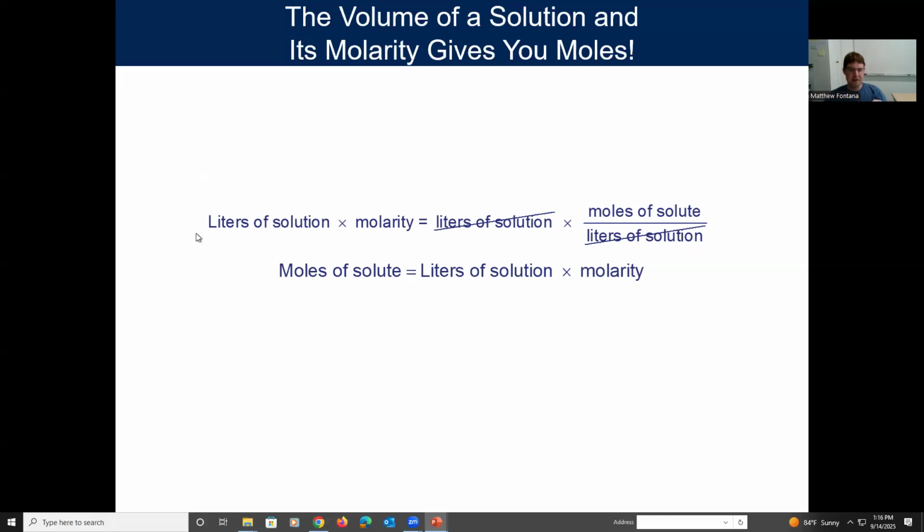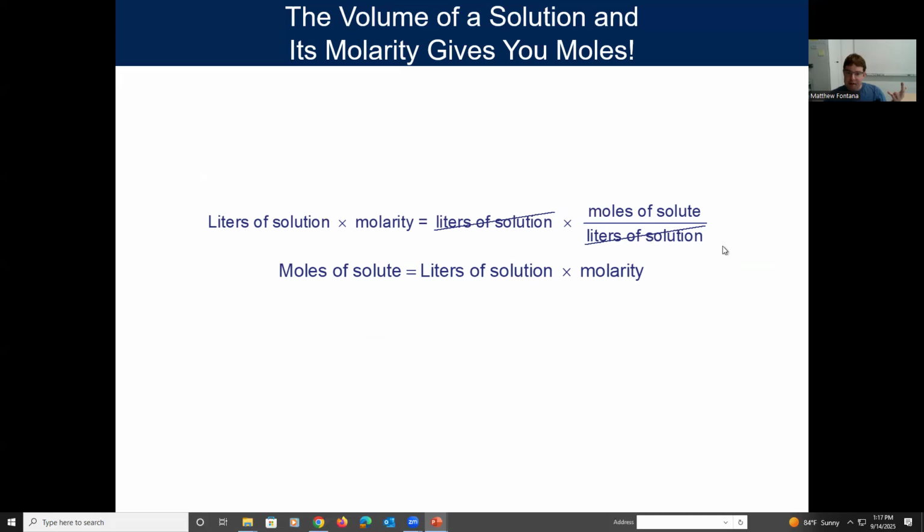This is an equation here. Liters of solution is on the left-hand side. Liters of solution is on the right-hand side. Here we have molarity on the left-hand side, and here we have moles of solute per liters of solution. Well, that's the same thing as molarity.